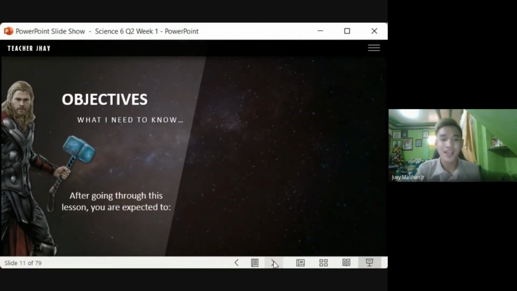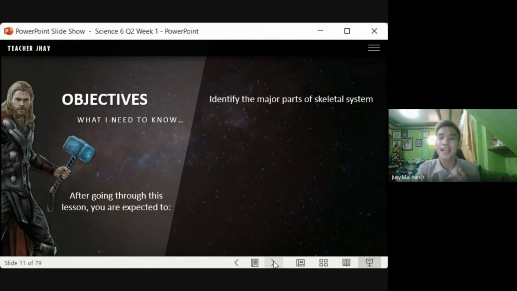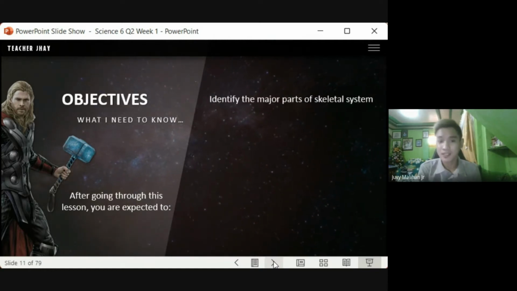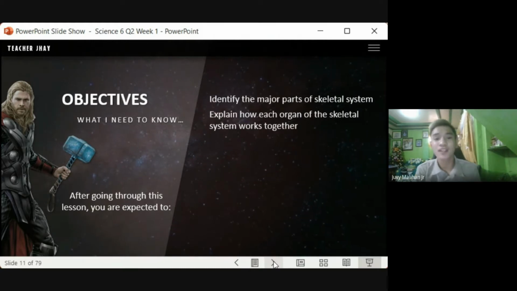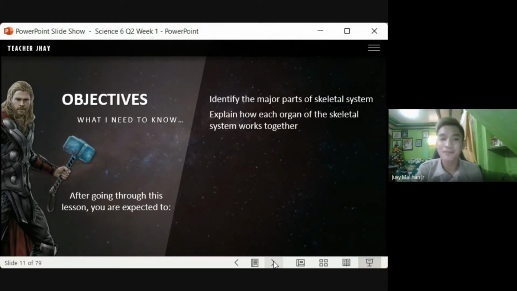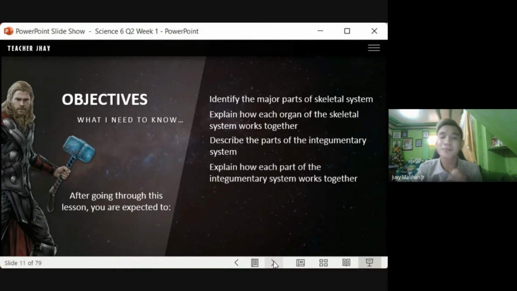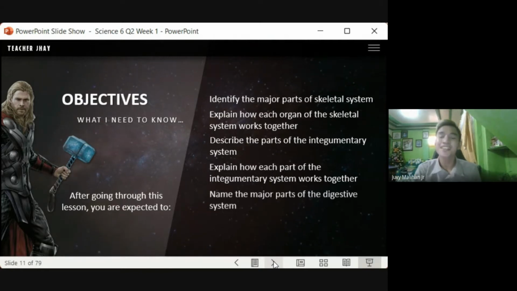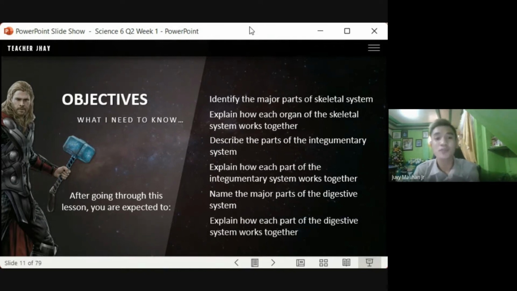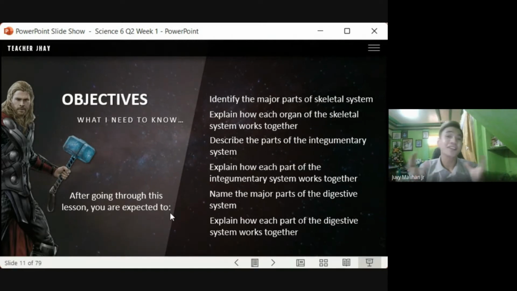After going through this lesson, you are expected to identify the major parts of the skeletal system, explain how each organ of the skeletal system works together, describe the parts of the integumentary system, explain how each part of the integumentary system works together, name the major parts of the digestive system, and explain how each part of the digestive system works together. These are the things that you need to know in this lesson.